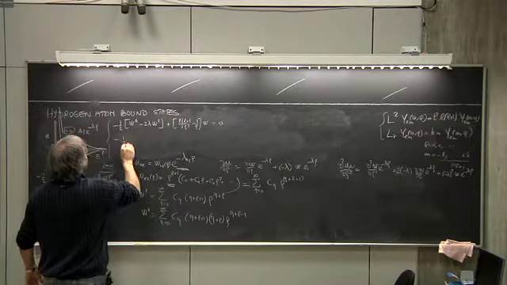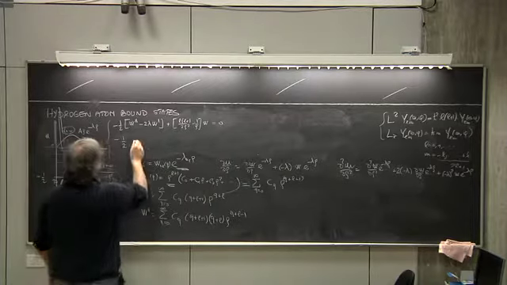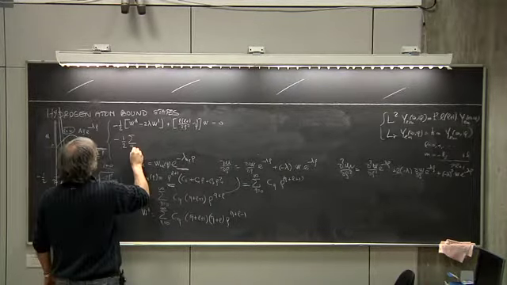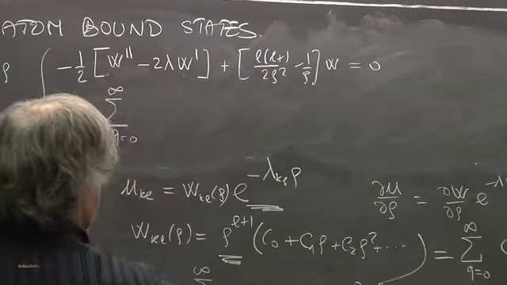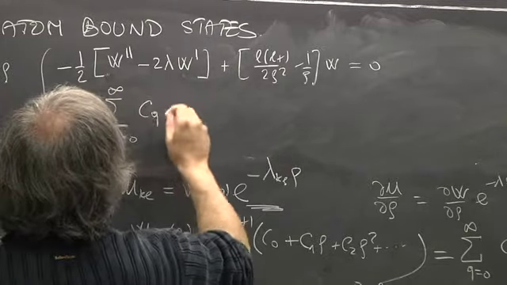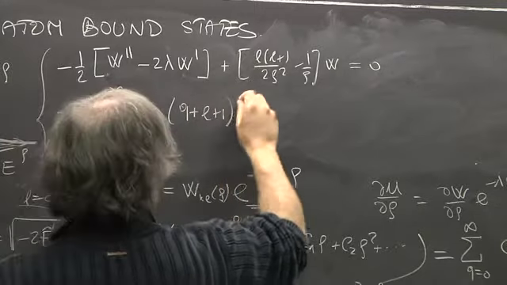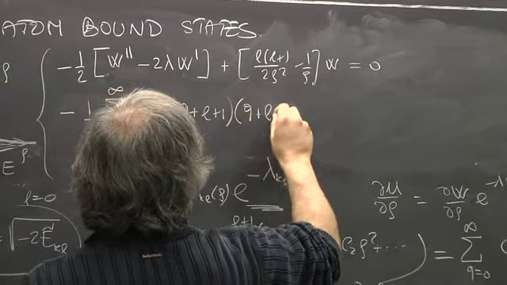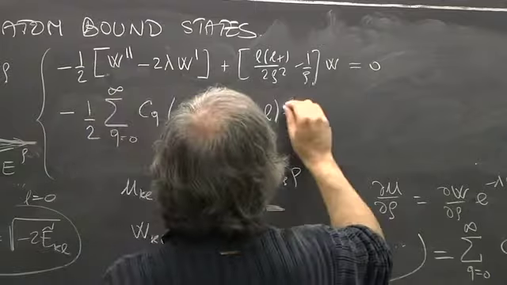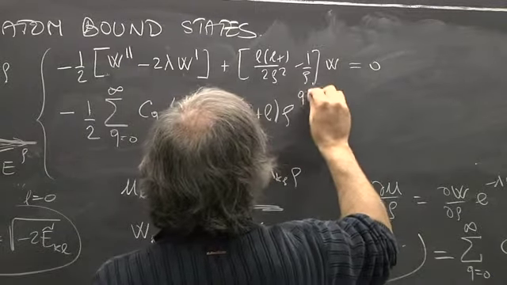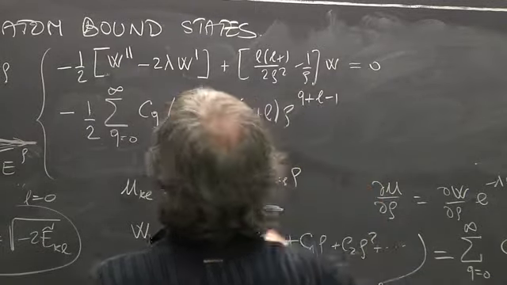Every term minus 1/2 the second derivative is there: the sum over q from 0 to infinity, c_q, (q+l+1) times (q+l), ρ to the power q+l-1.